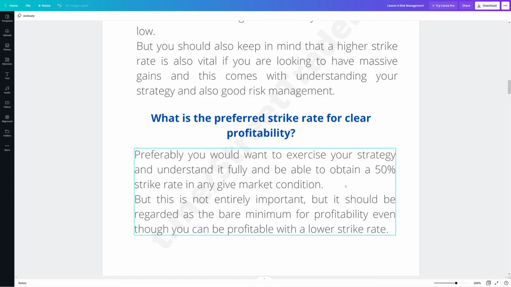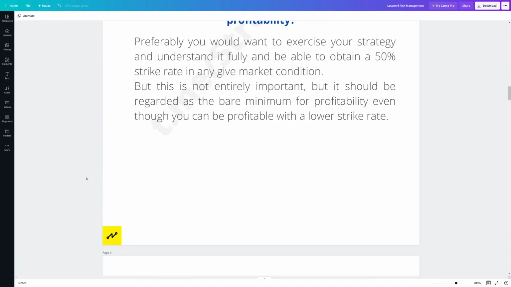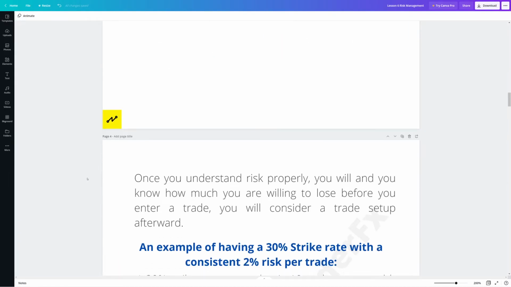Obtaining a 50% strike rate is not really important, but it should be regarded as a bare minimum in order for you to have a significant profit, to see it clearly that okay fine, now I'm profitable. You can still be profitable with a lower strike rate, but the profit would not be that significant. So let's move on to the next one.